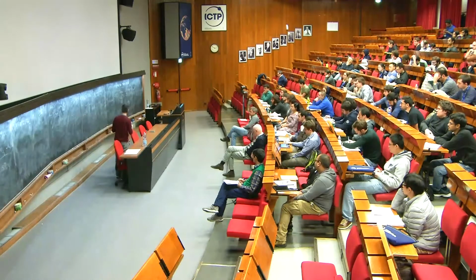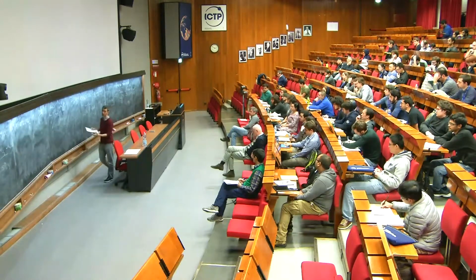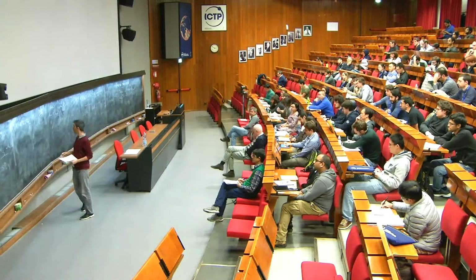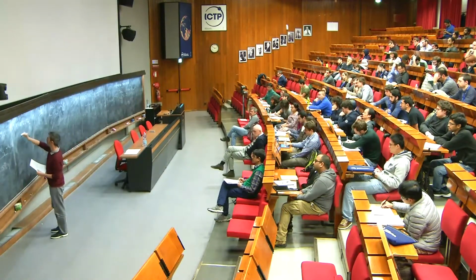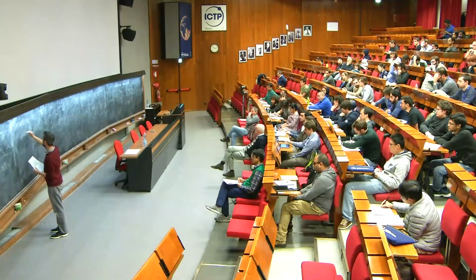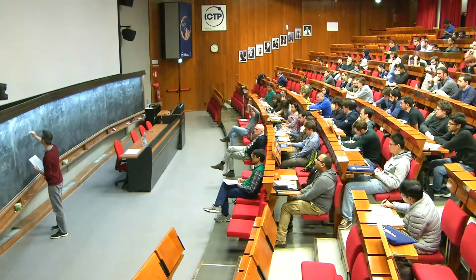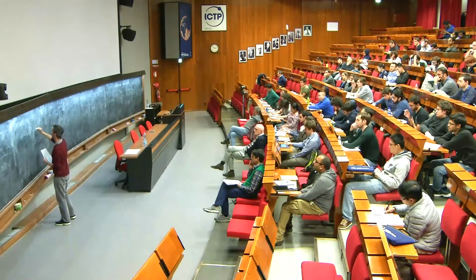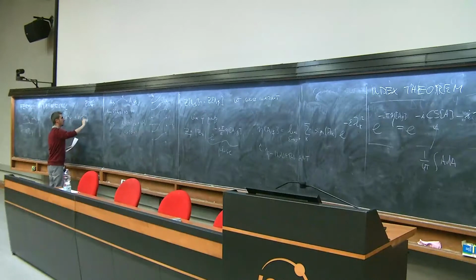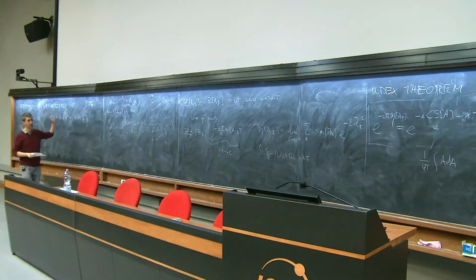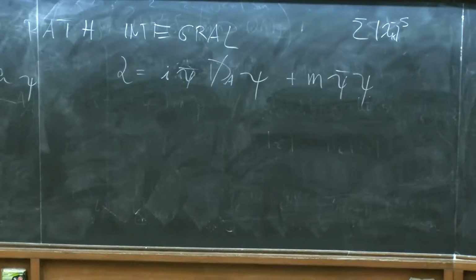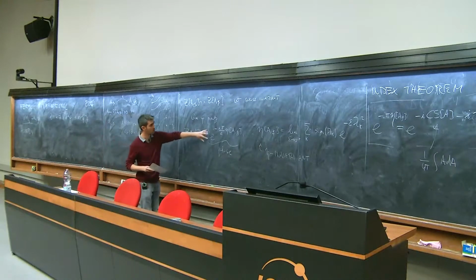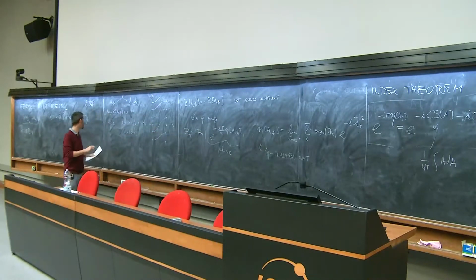Now we could ask, what happens if we turn on a mass for this free fermion? So we turn on a mass term, and we take this mass term to be very large, and we can understand what happens, for instance, if you do Pauli-Villars regularization. We obtain two different limits of this object, depending on the sign of the mass.